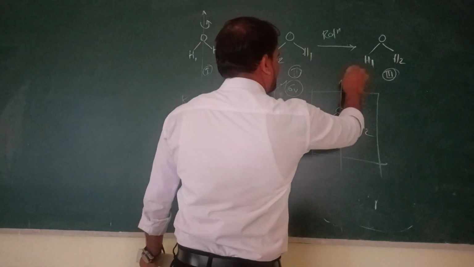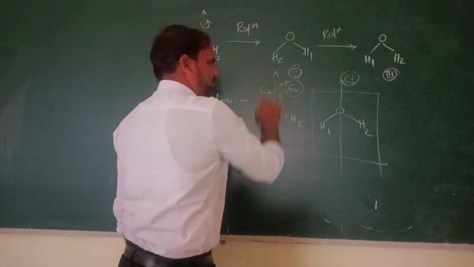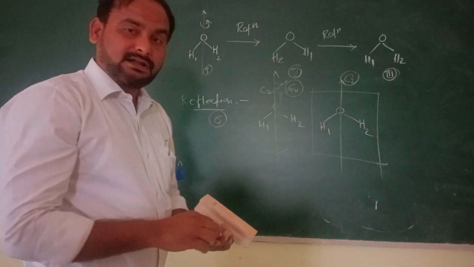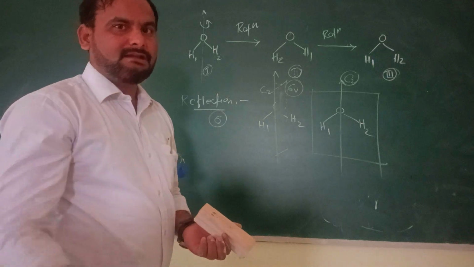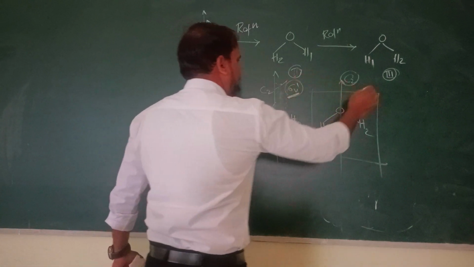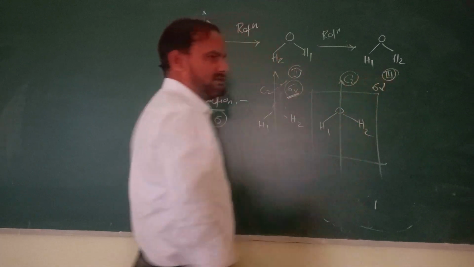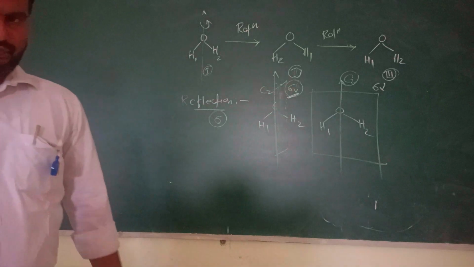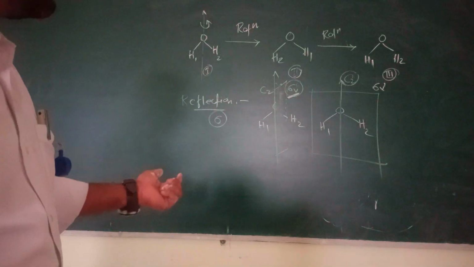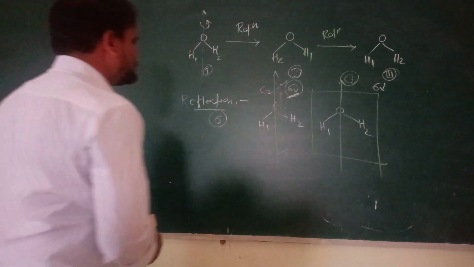This is your principal axis C2. Here also the principal axis is there. That means there are two different types of vertical planes in a molecule. One is sigma V, the second is sigma V dash.